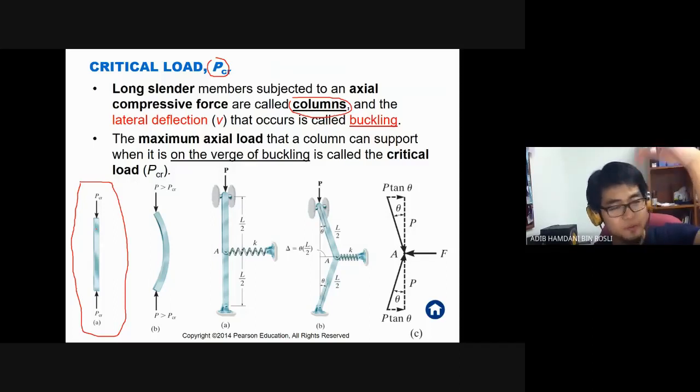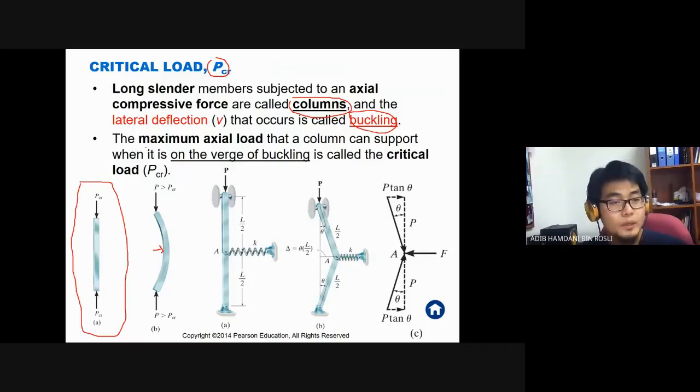Axial compressive force means that the force is applied along the axis of the member. If you apply a load like this, initially it's straight, but then you will have a lateral deflection. If this happens, we call this buckling.